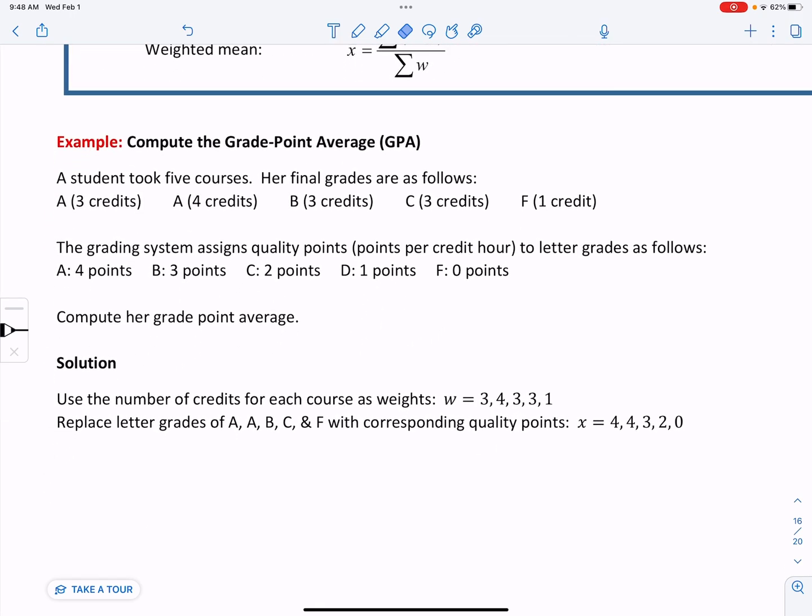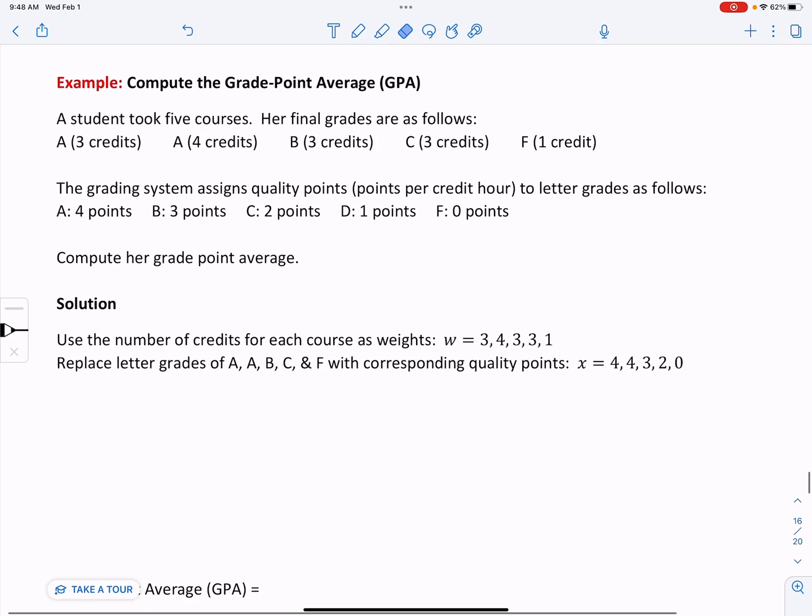So here we go. We have a student who took 5 classes. They gave us her grades. And when GPA gets calculated, each grade is assigned a number of points. And those points are what we add up for your GPA. So here's how we're going to do it.